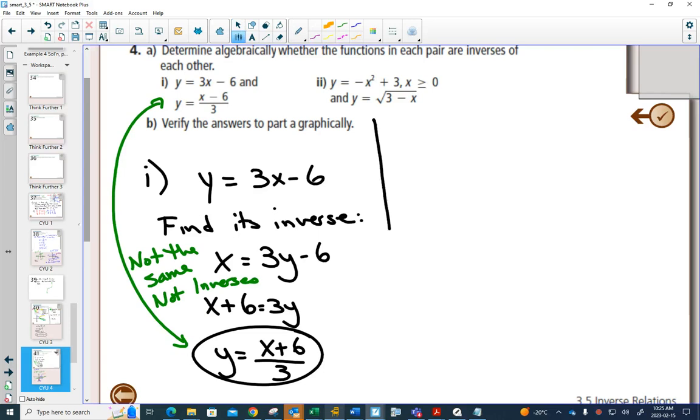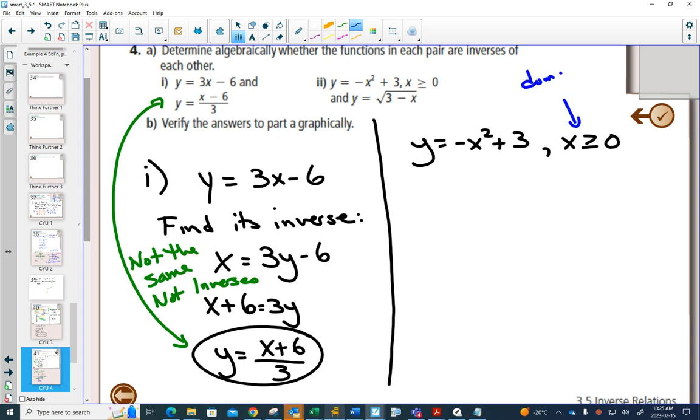Second one, we have y equals negative x squared plus 3, and this comma here is a domain restriction. We're only taking half of the parabola.